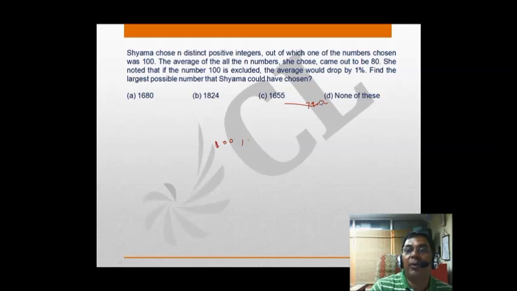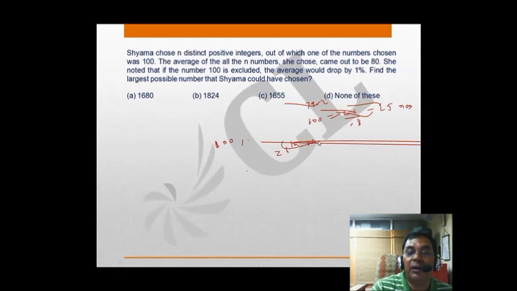So let's see the average of, we do not even know the n. Okay, no problem. 100 has provided 20 extra and everybody is benefiting by 0.8, so there are 25 numbers, and 100 is the 26th number.